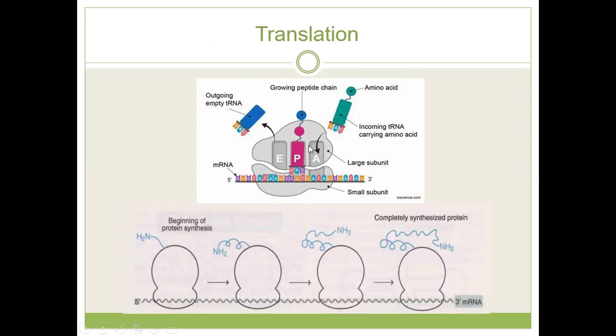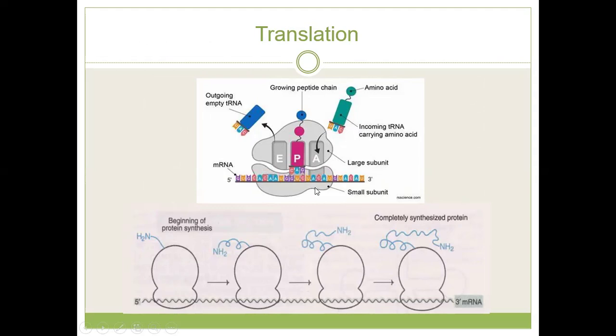You can see this is transfer RNA. This one is also transfer RNA. But this big one, can you see my cursor? Are you seeing it? Class? Are you seeing my cursor? Yes, sir.